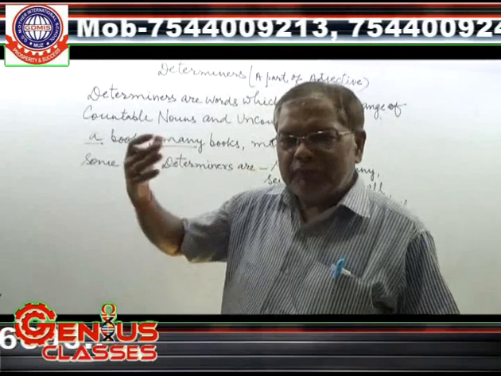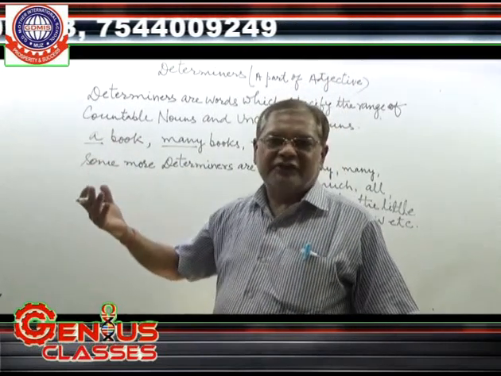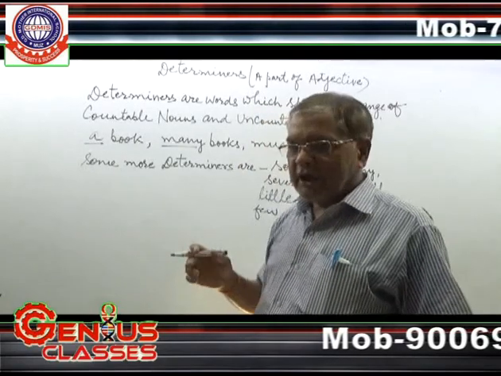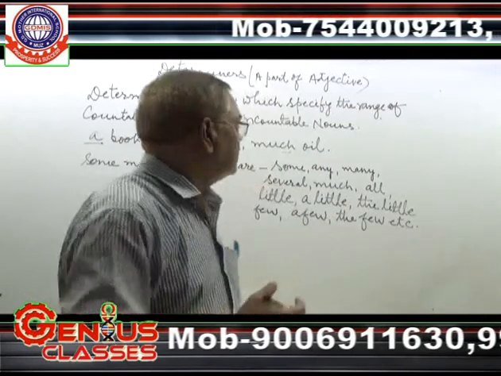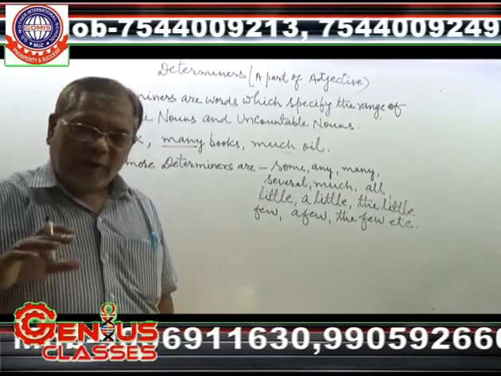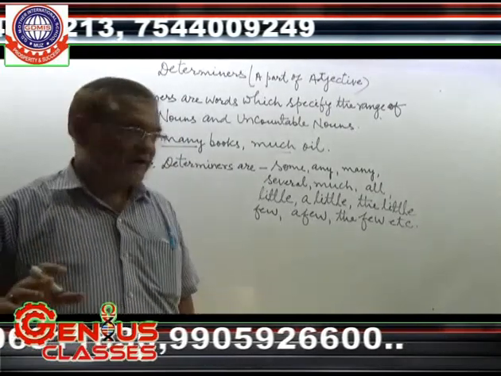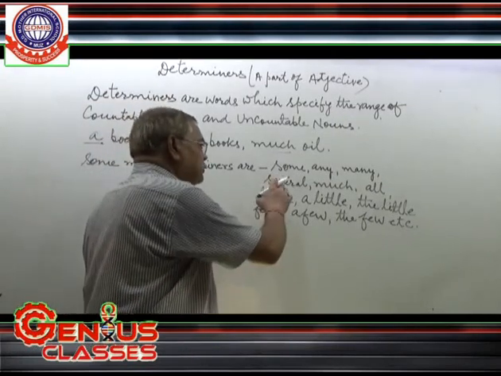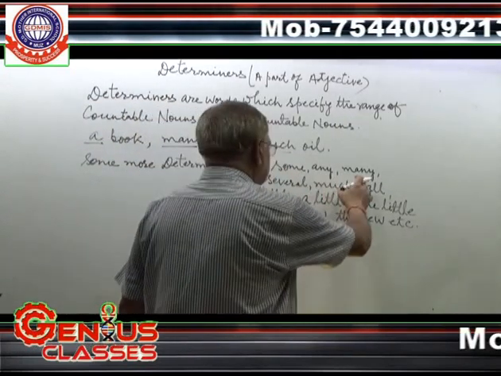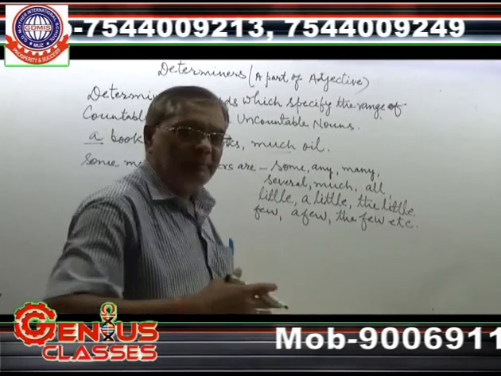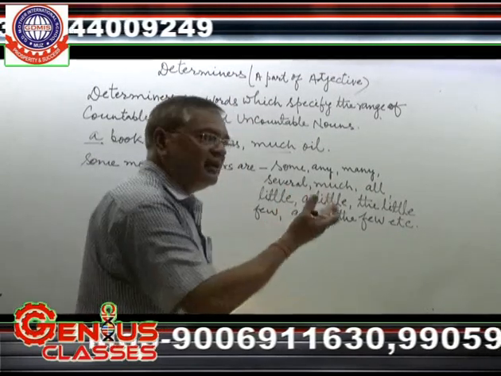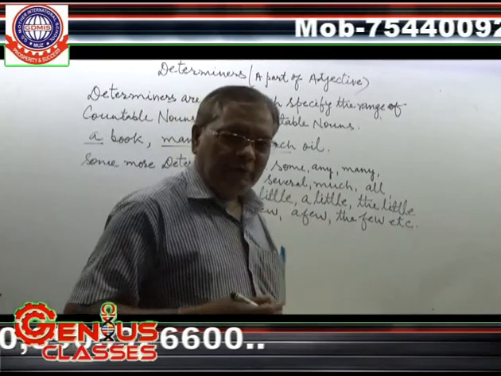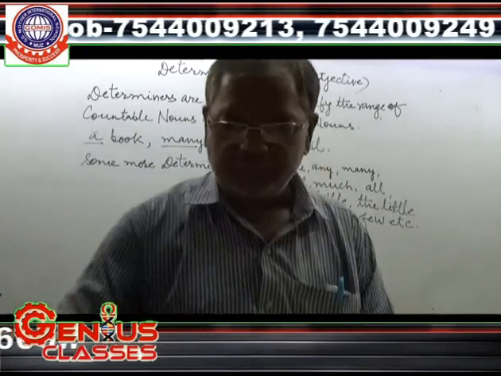There are innumerable examples of countable and uncountable nouns. Now let us know where to use the suitable determiners: some or any, many or several or much, a little or little, the little, a few or few, the few.